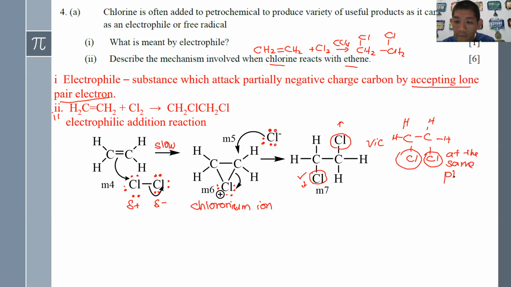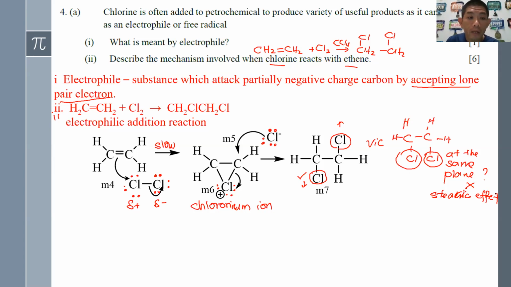Because of the steric hindrance, the steric effect. The steric effect will make this molecule unstable. That is why the chlorine here must be in a trans manner. So with that, that is how you are going to answer question number 4A2.